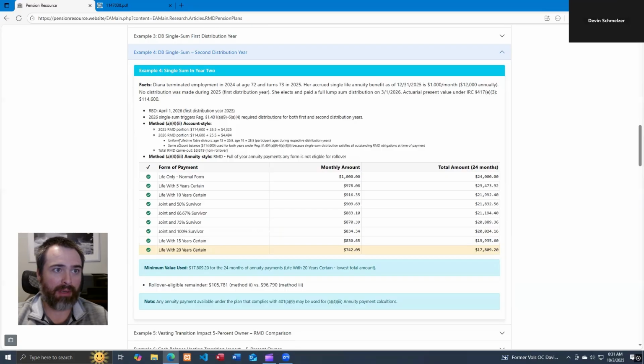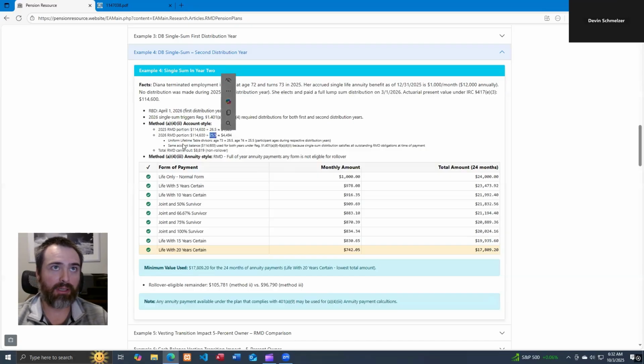So for the account balance style method, we're going to take the account balance of 114,000, find the uniform life table factor for her age of 73, that's 26.5. So for year 2025, 4,325 is not eligible for rollover. Then we have to add to that the 2026 RMD. So we take 114,000, the same account balance.